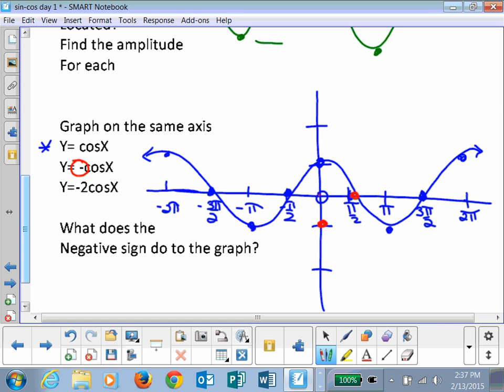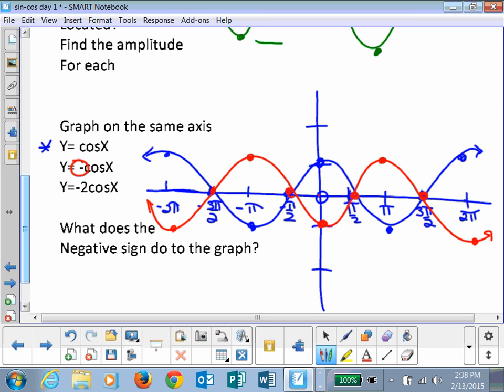At pi, the cosine of pi is negative 1, but the negative sign out in front makes it positive. I'm just doing this problem right here. And then I'm going to go back to 0 and back down. Up to 0, up to 1, down to 0, to negative 1. And so this is the curve of a cosine that's been flipped because of the negative sign. It starts on the y-axis. Does it start above? It's positive.